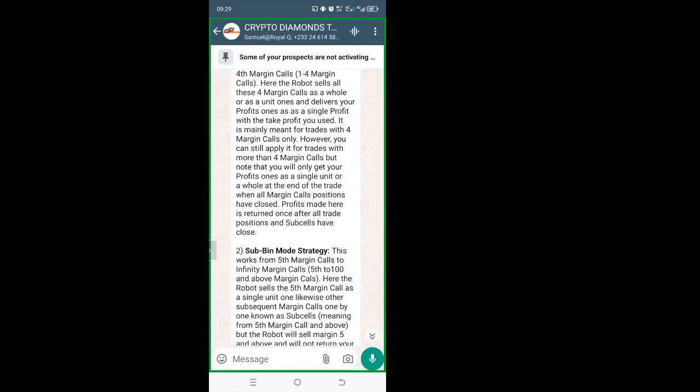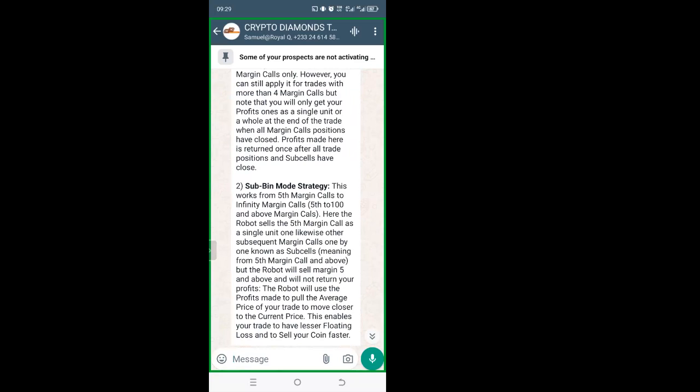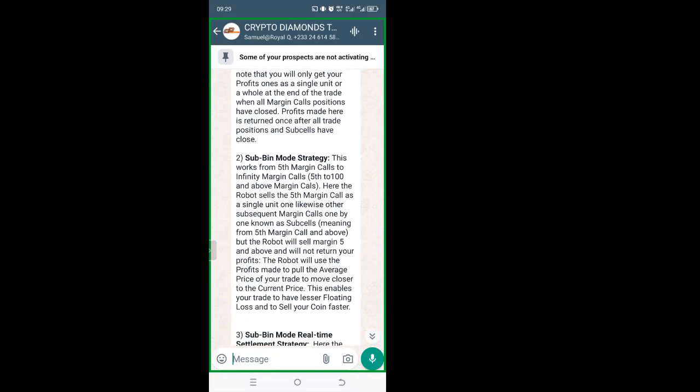Sub-bin mode strategy. This works from fifth margin calls to infinity margin calls, 5 to 100 and above margin calls. Here, the robot sells the 5th margin call as a single unit, likewise other subsequent margin calls one by one, known as sub-sells, meaning from 5th margin calls and above.